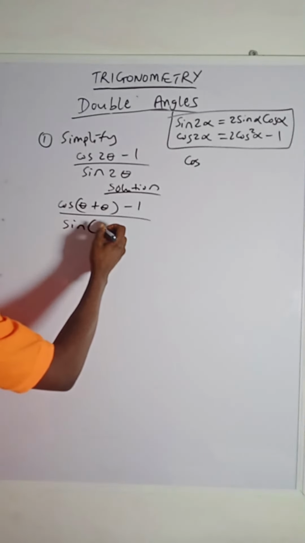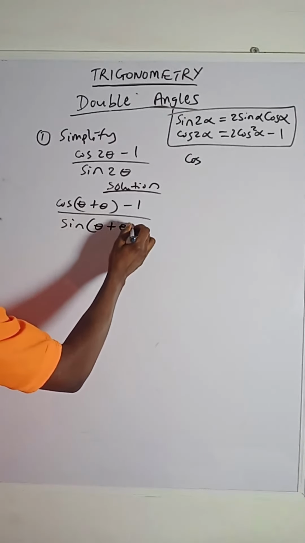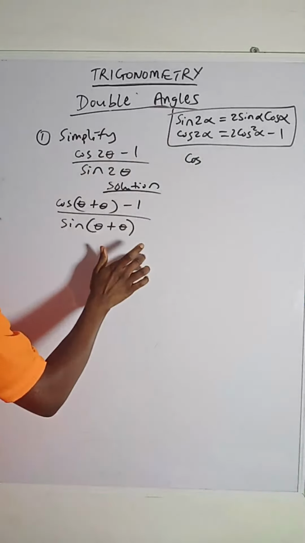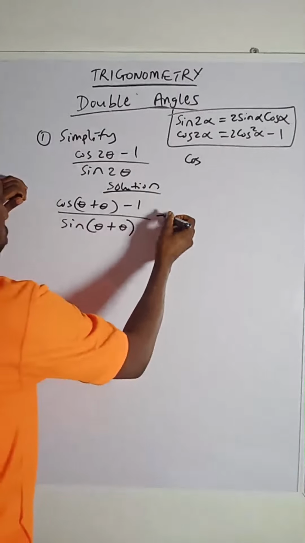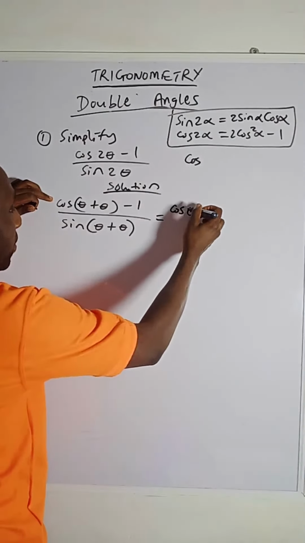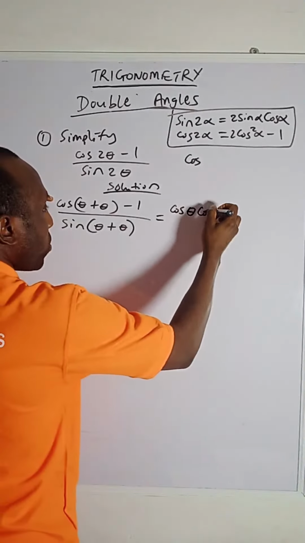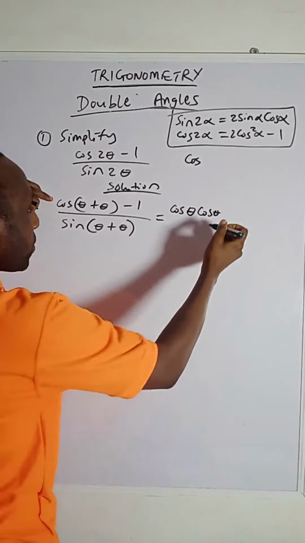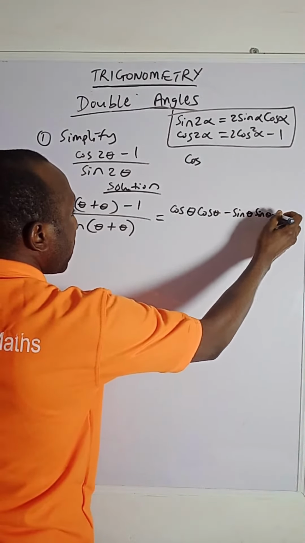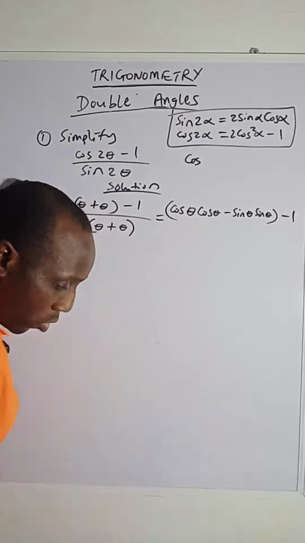Sine theta plus, why am I saying alpha? I'm already used to that one. It's theta, not alpha. So this is equal to what now? Cos theta, all right? Cos theta minus sine theta minus 1.